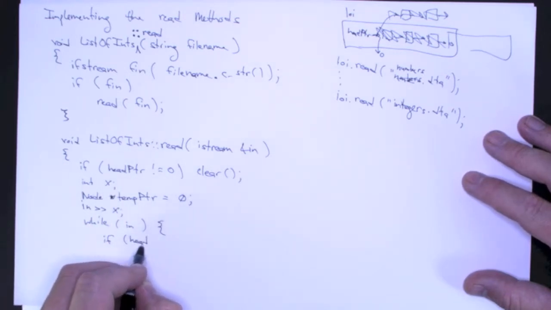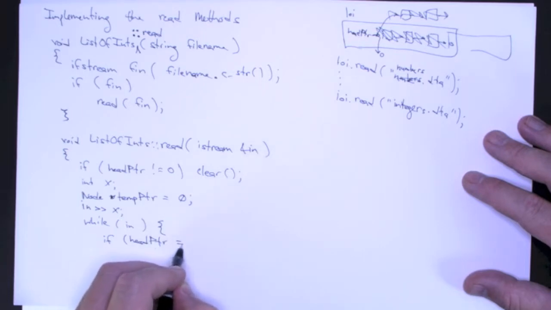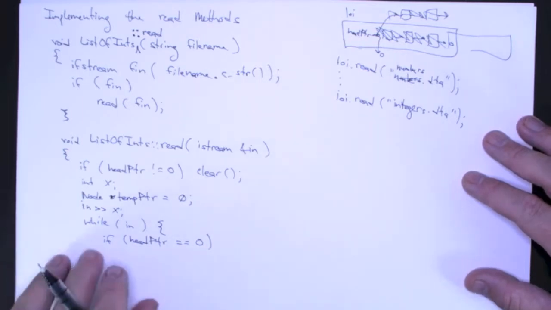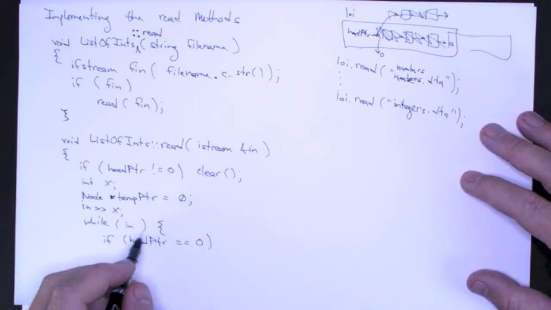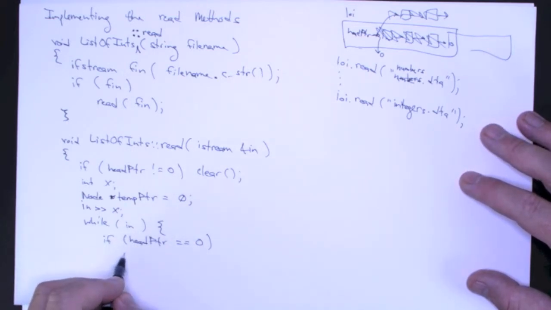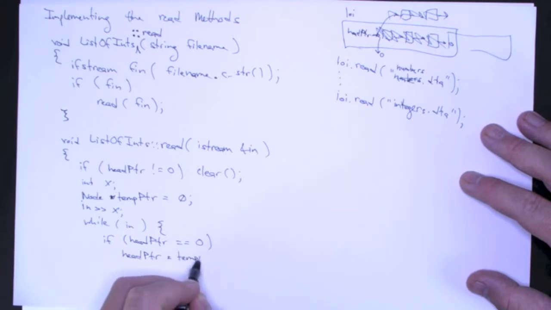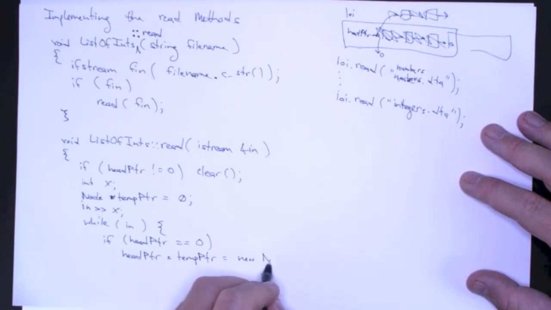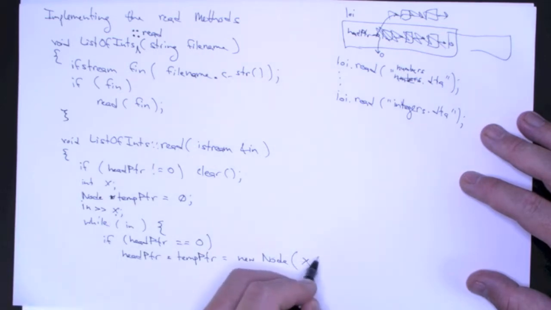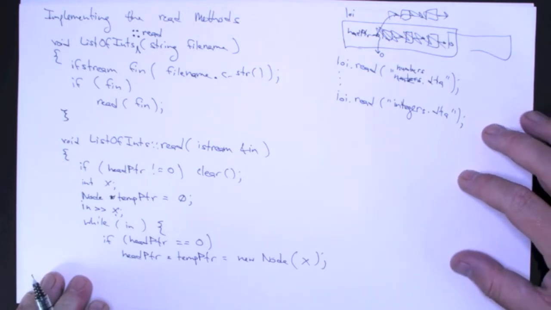So if head pointer points to null, and I'll do a code trace when I get finished with the implementation, this is the first node of the chain, so I want head pointer, the first node of the linked list, I want head pointer and temp pointer to point to this new node. And what value should this new node store? Well, it should store the value I just read, so I can pass x to the constructor.